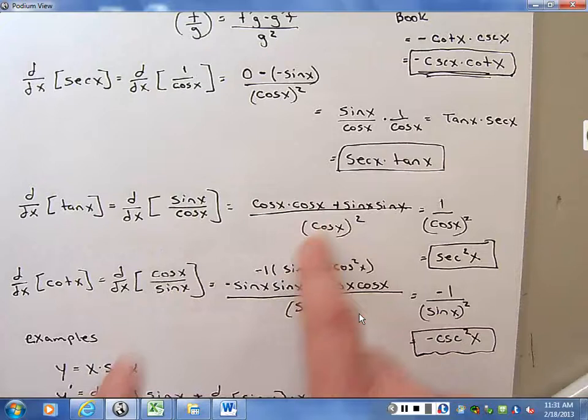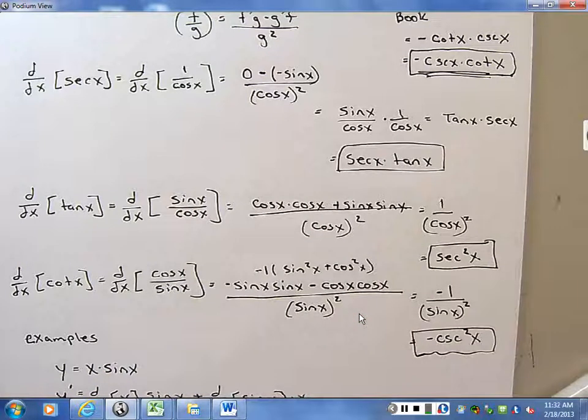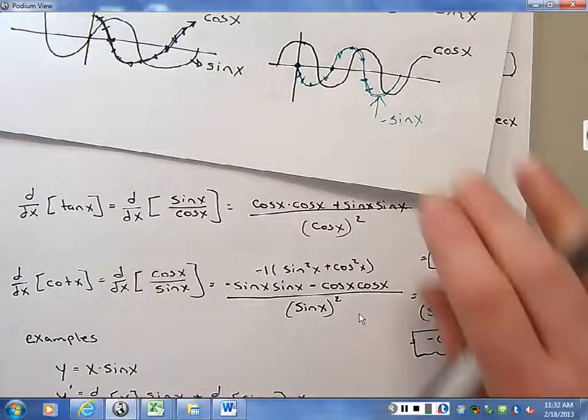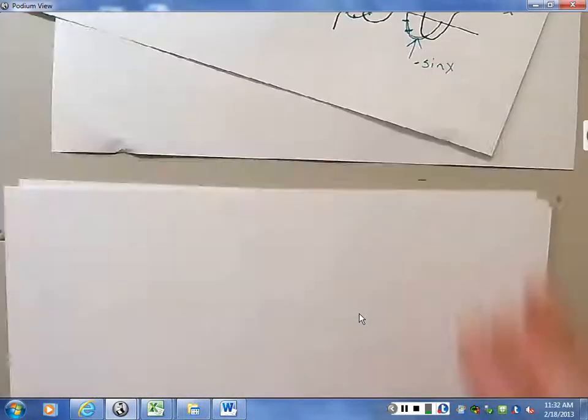Maybe I didn't do a great job of explaining that at that point, but I knew there was a double negative in it. That's where it is, because the derivative of cosine is minus sine. And that will come up.